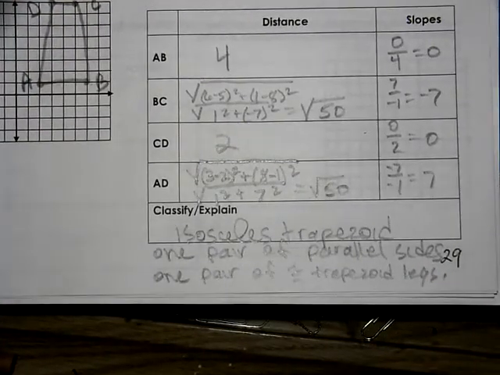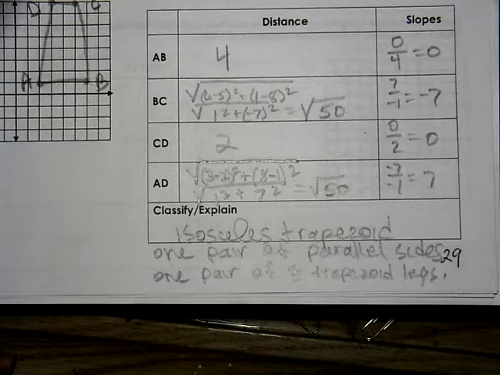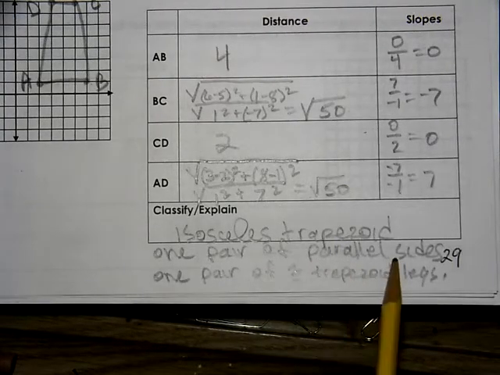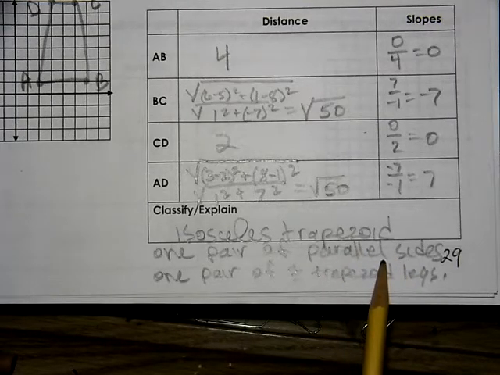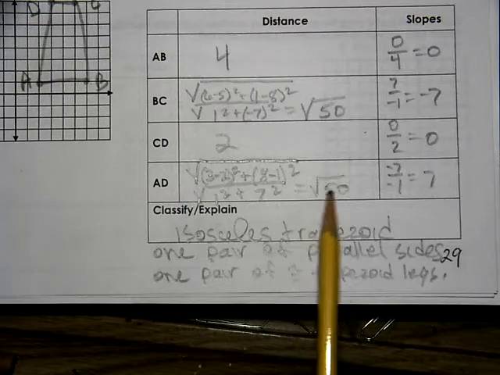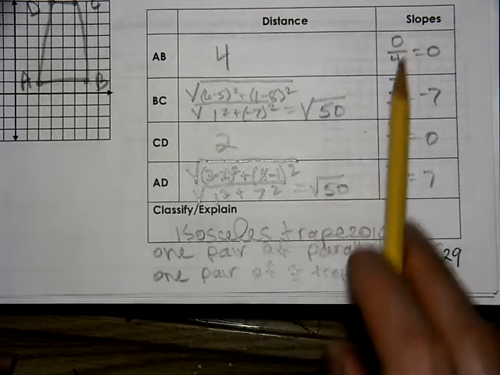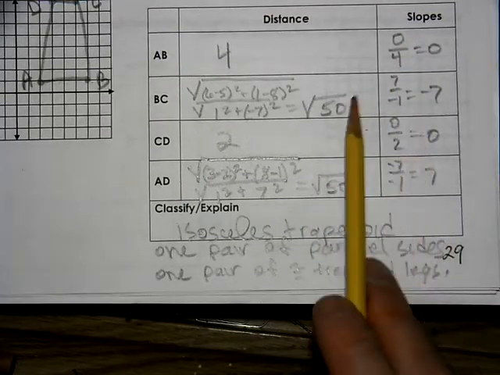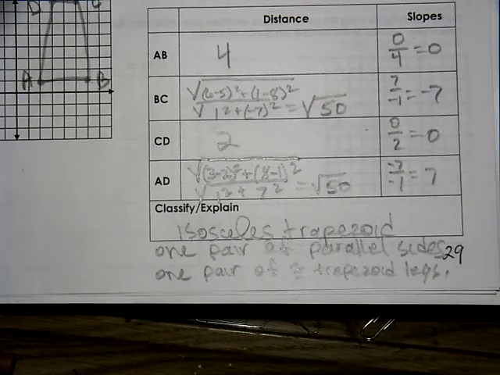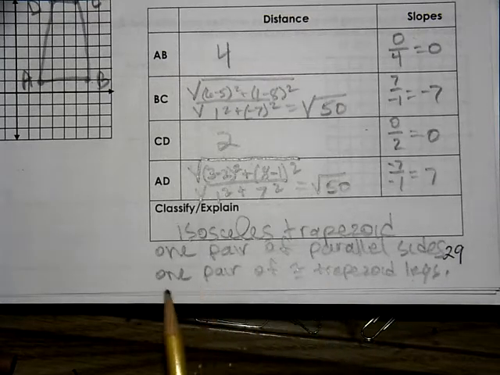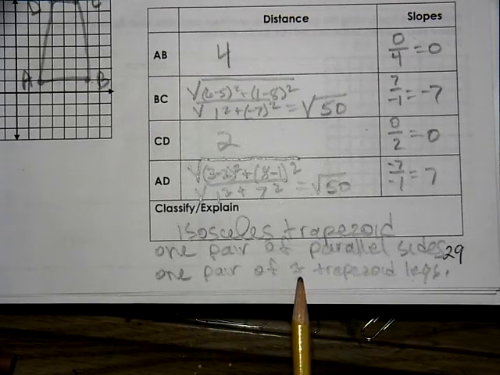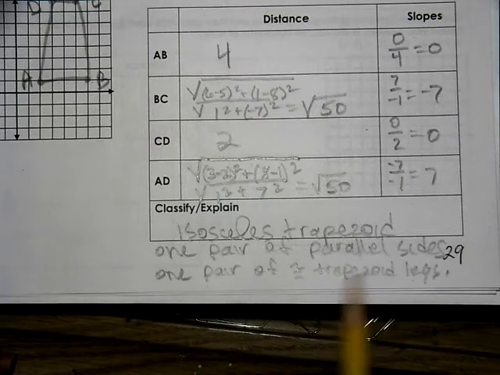Those are the non-parallel sides. I just wanted to be sure that it wasn't the parallel sides that were also congruent. That's another way to show a parallelogram. The parallel sides are not the congruent sides. Of the trapezoid, it's the legs of the trapezoid that are congruent. One pair of congruent legs from the trapezoid.